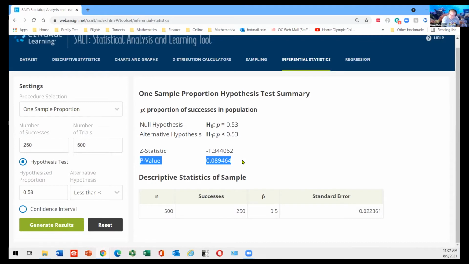Are you comfortable with 0.09 to two decimal places? Okay, that's how you get the p-value. Inferential statistics: put in the number of successes out of the total number, your sample data essentially. Set up your hypothesis with p equal to 0.53 and the greater than, less than, or not equal to choice. Then hit generate, and there's your p-value.